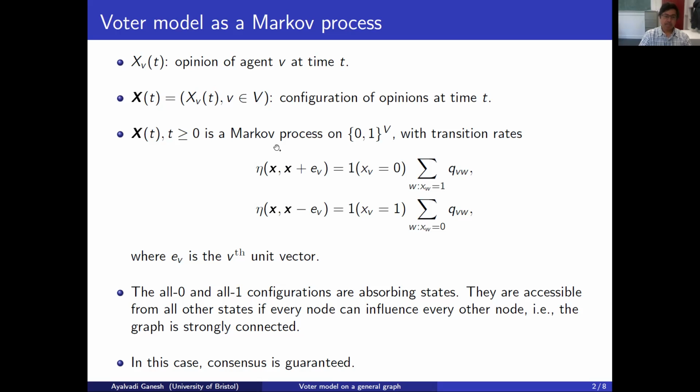What else? So why is it a Markov process? It's a Markov process because if you know the configuration at some time t, how you got to this configuration doesn't matter.